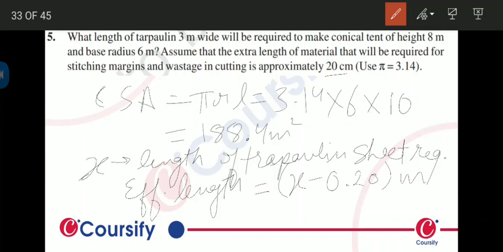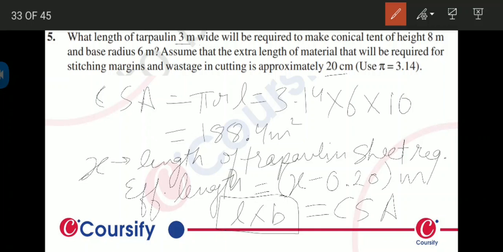Now the breadth of the tarpaulin sheet is given as 3 meter wide. So the area of the tarpaulin sheet will be L into B, and this L into B will be equal to our CSA that is used for making the tent.